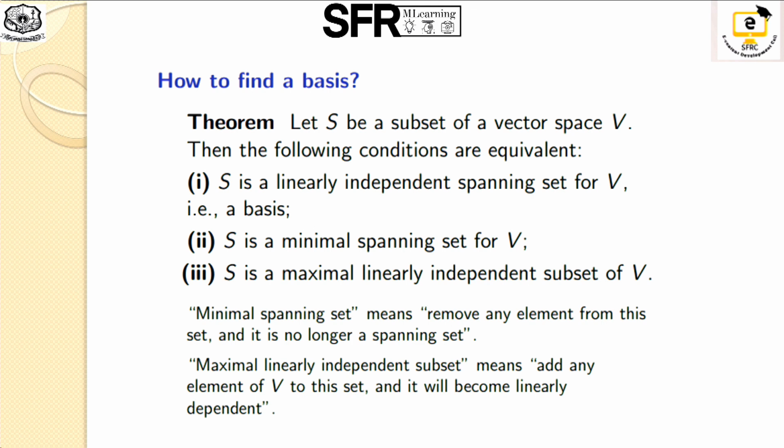And the third one is S is a maximal linearly independent subset of V, that is, if you add any vector to this set, then S becomes a linearly dependent set.